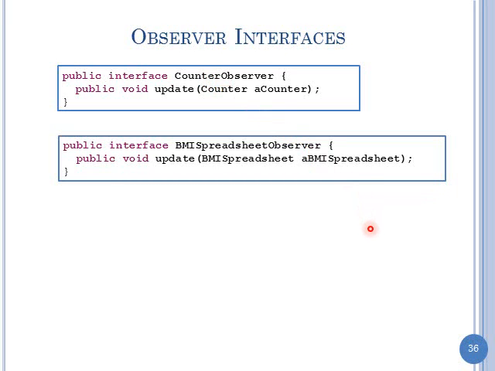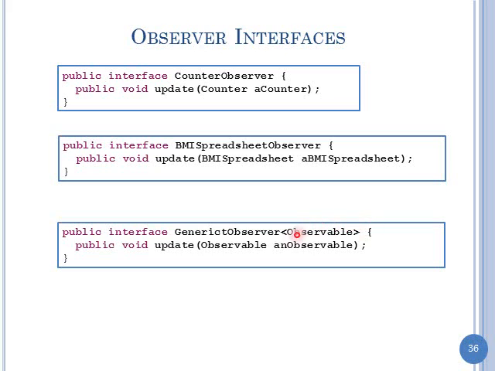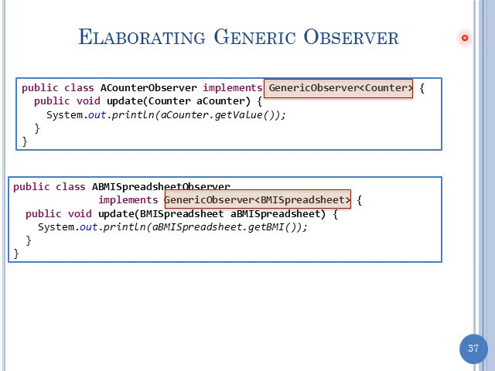The observable. Java has an interface called Observer, which is not generic, so I wanted to distinguish this interface from that interface. So I'm calling it generic observer. I'm not suggesting that every time you define a generic interface, you call it generic. And we will just have update observable. One interface, economy of interfaces. This is just like your token example. I could then have a counter observer implement generic observer counter, and a BMI spreadsheet observer implement generic observer BMI spreadsheet.